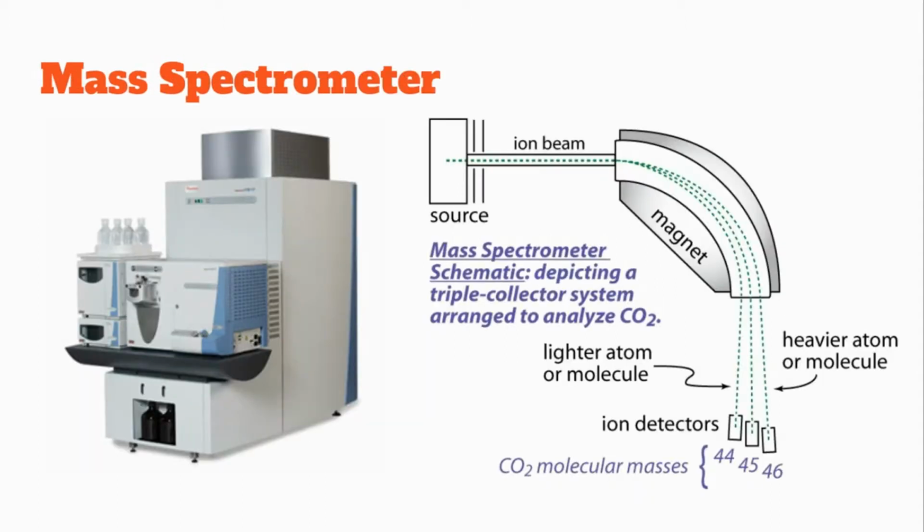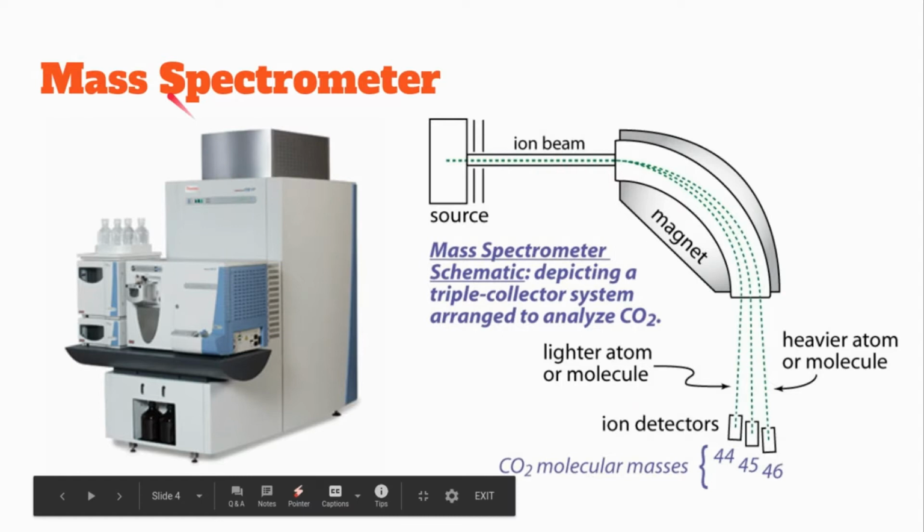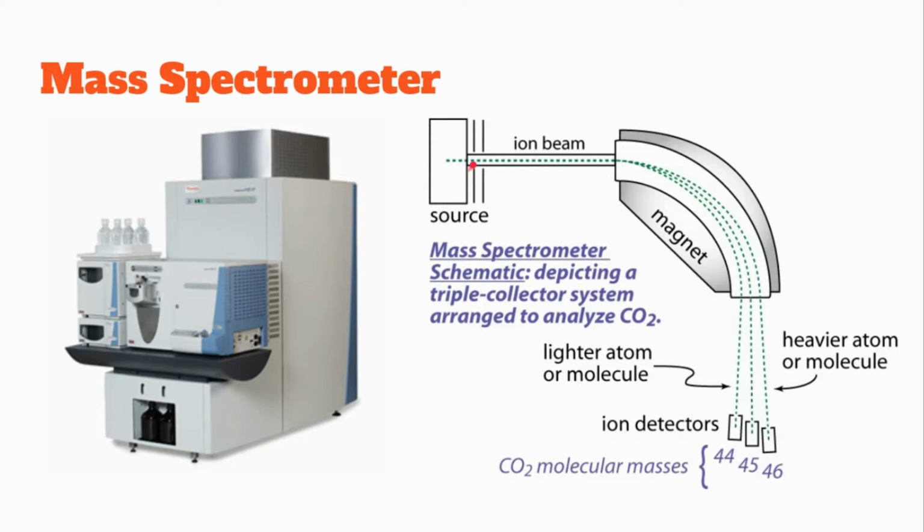So here's a diagram. This is what a mass spectrometer looks like on the outside. On the inside, you have your source. This is where you put your element or isotopes, your sample, and it ionizes it, turns it into ions, takes away or gives it some electrons, and then it passes it through this magnet here, or this magnetic field or electric field.